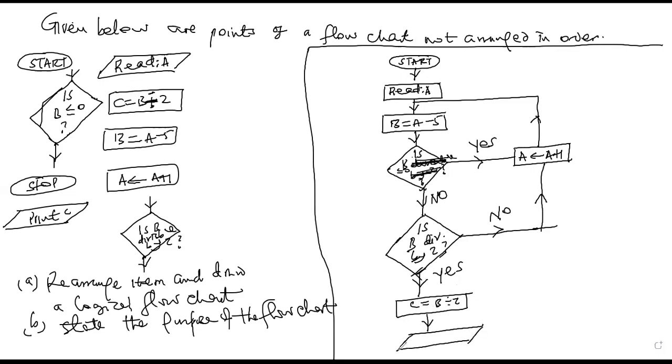So you will print C. And after printing C, you have to end the program. So that is how that flowchart is supposed to come up.